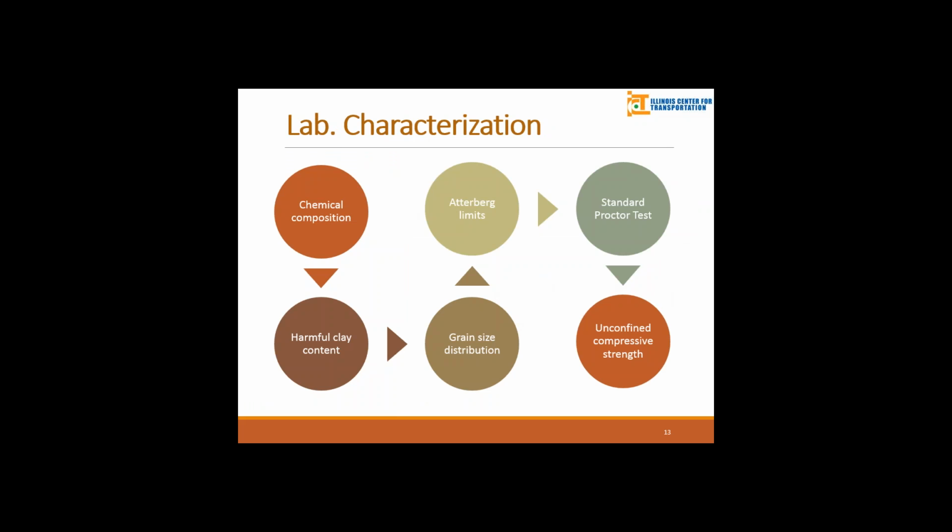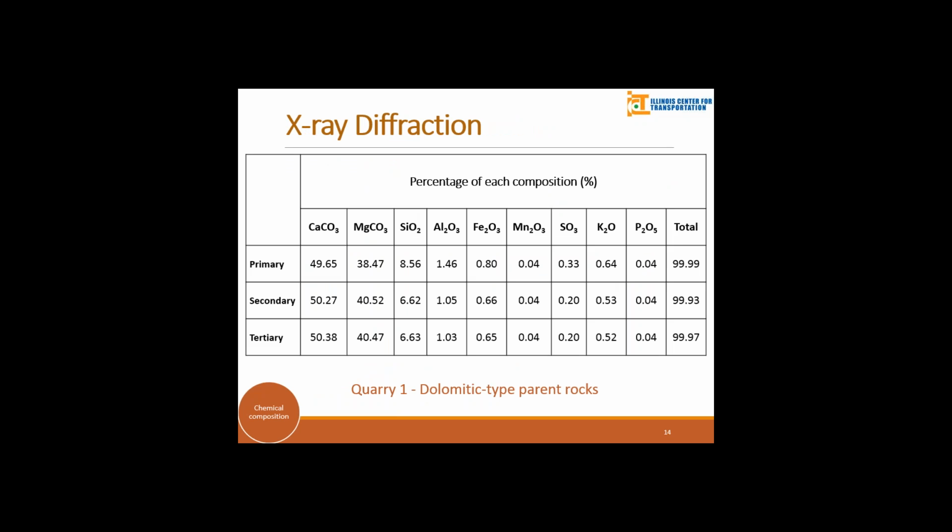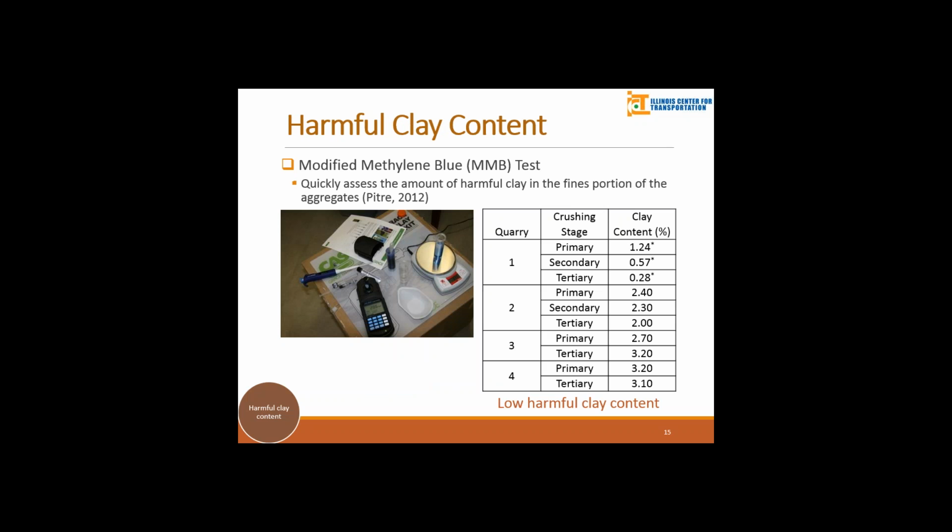This is the XRD result from the quarry staff that was provided for us for Quarry 1. We can see that the major components are calcium carbonate and magnesium carbonate. That indicates that this is a dolomitic type of rock. And then we conducted the harmful clay content test for all the quarry samples.